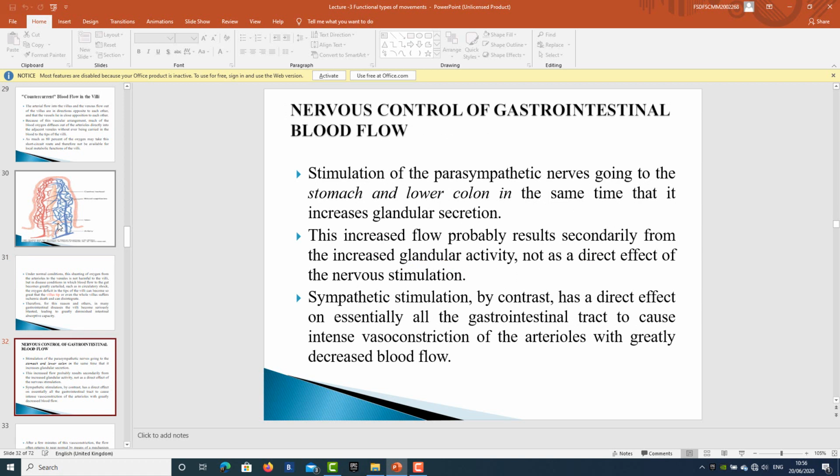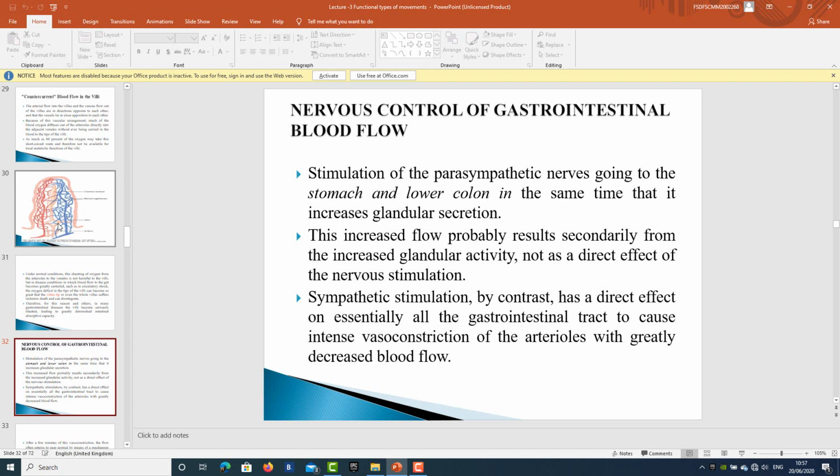Now, nervous control of gastrointestinal blood flow. Stimulation of the parasympathetic nerves going to the stomach and lower colon increases blood flow at the same time that it increases glandular secretion. This increased flow probably results secondarily from the increased glandular activity, not as a direct effect of the nervous stimulation.